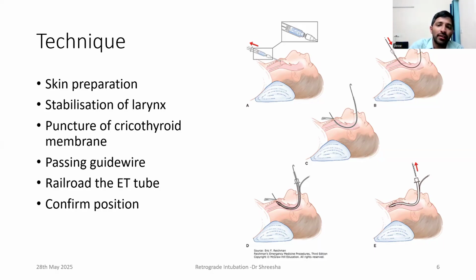So now we are really sure that the endotracheal tube is in the trachea. Now you remove the guide wire through the proximal end and further advance the ET tube, and after this you confirm the position using the standard technique, using EtCO2 and 5-point auscultation.